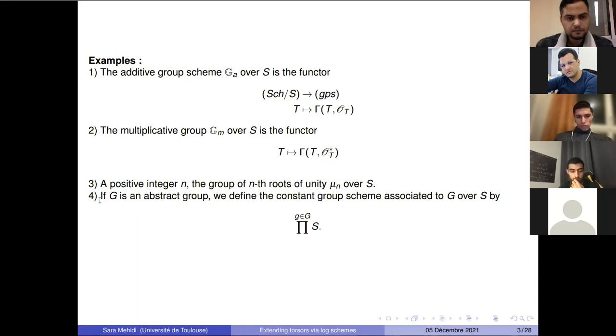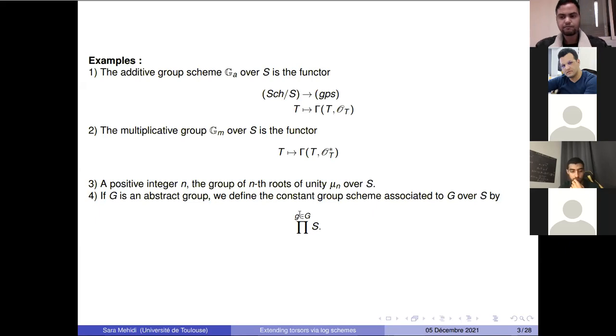And finally, given an abstract group G, we can define the constant group scheme associated to G by taking copies of S indexed by G. The multiplicative map here is given using the multiplicative map of G.